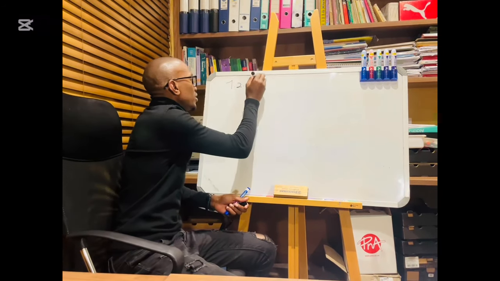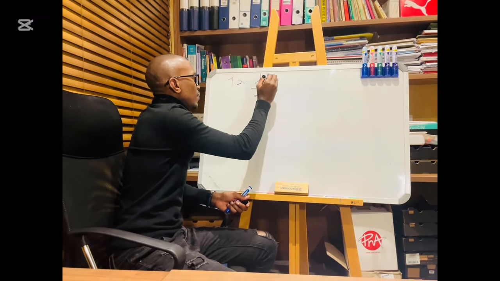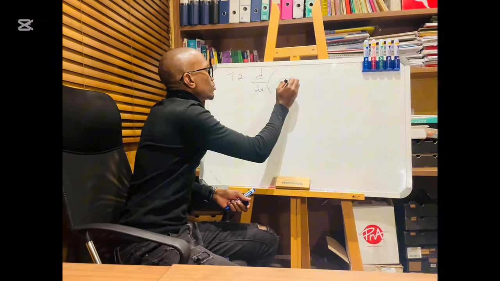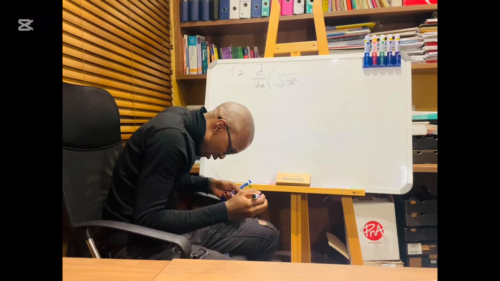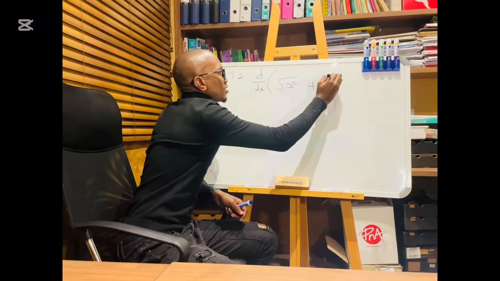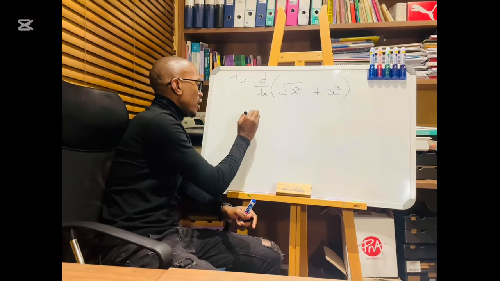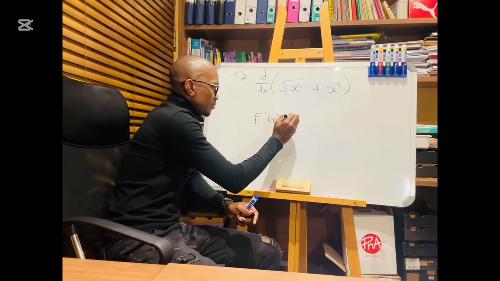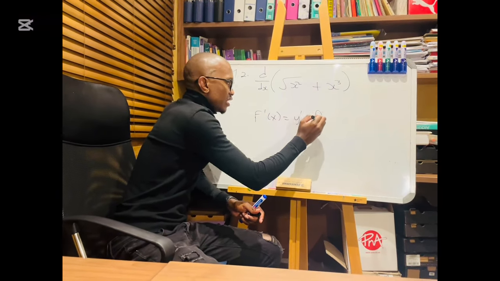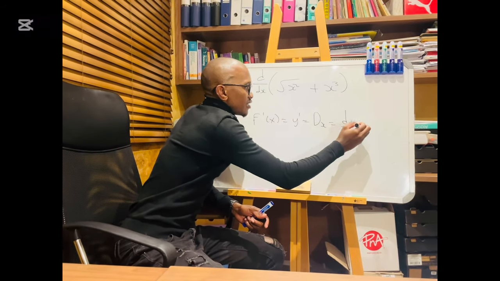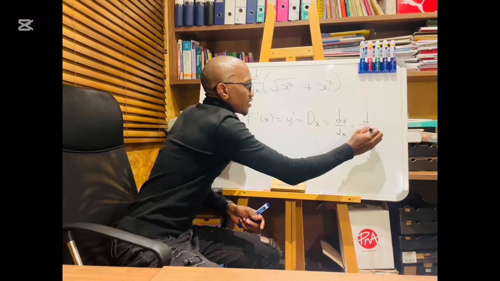Okay, we have d/dx of the square root of x squared plus x cubed. Guys, I want to mention something. f prime of x is the same as y prime, is the same as dy/dx, is the same as this d/dx.